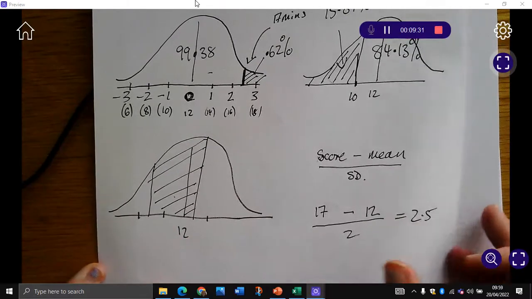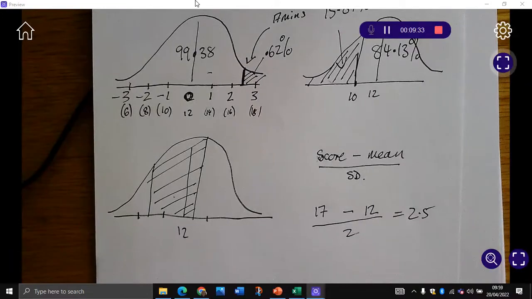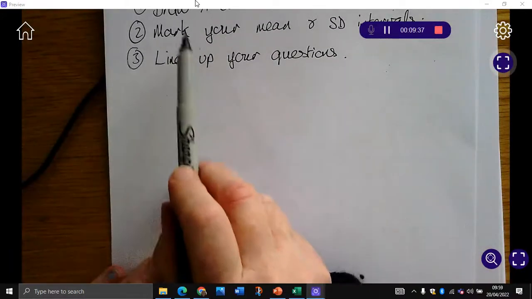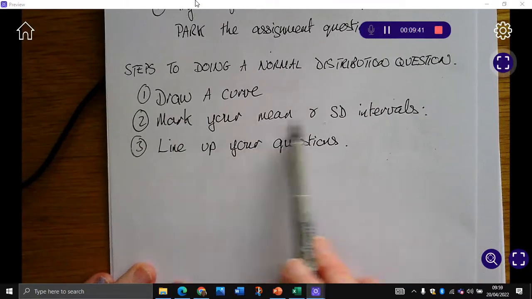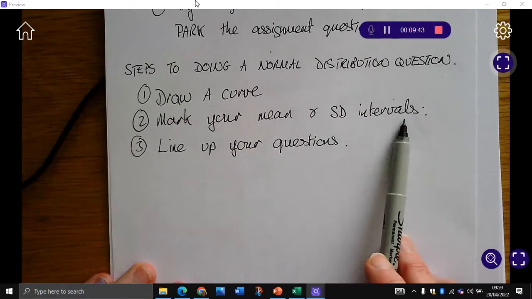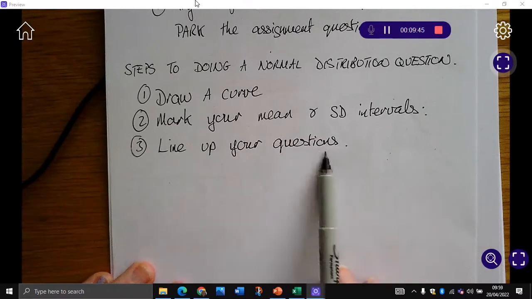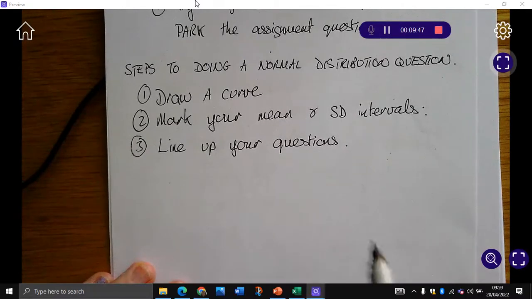But just to recap, quick recap: you just draw a curve, mark your mean and standard deviation intervals. I find that helpful. Line up your questions. So there I took the first one, I positioned the 17 minutes, and then I got a kind of rough idea of what was going on.